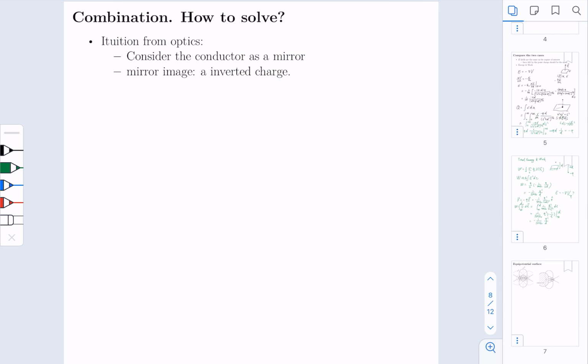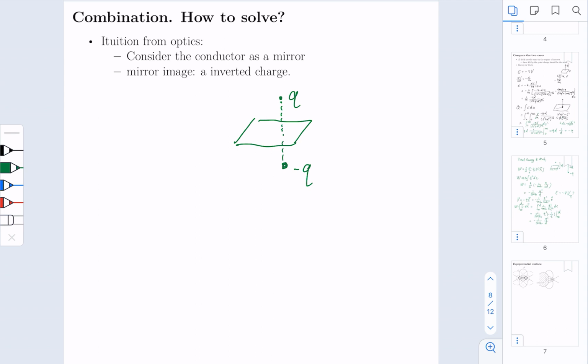Remember that we can think of this conductor as a mirror, and the image charge is really the mirror image of this positive test charge, except that it's an inverted image, and the charge should also take a minus sign.